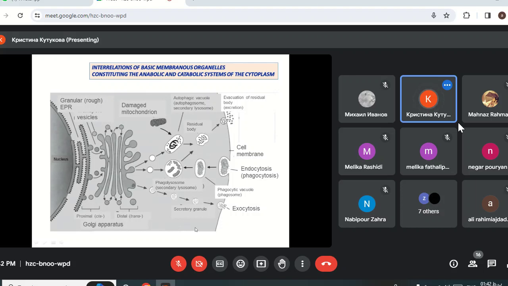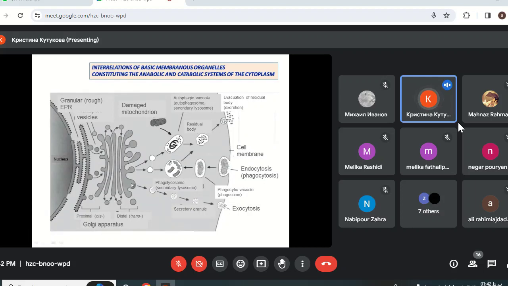So here you can see the role of the Golgi apparatus in the processes of exocytosis and endocytosis. So exocytosis means release of some molecules outside from the cell.